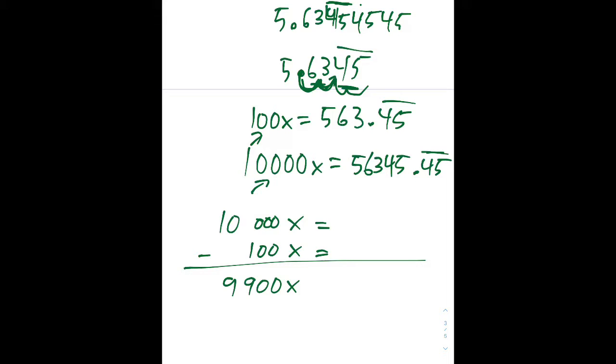And on this side, if I take my 10,000x, which is 56345.45 repeating, and my 100x, which is 563.45 repeating, the same thing happens over here. Past the decimal, everything cancels out. There is no decimal. And if we do 56345 minus 563, we get 2.